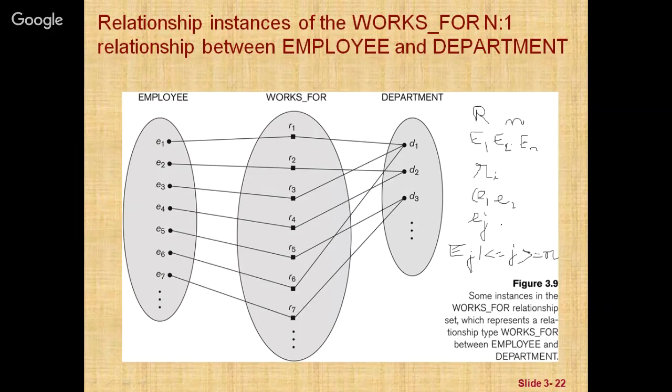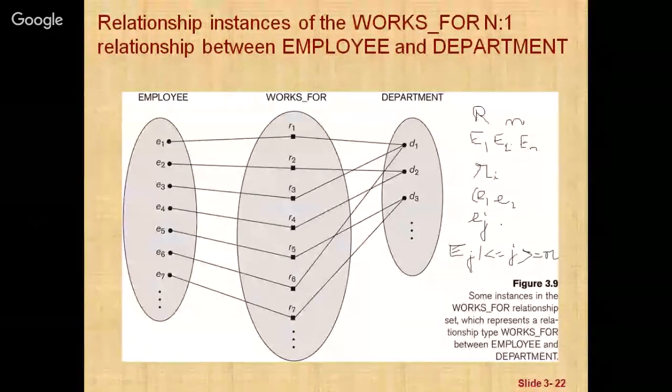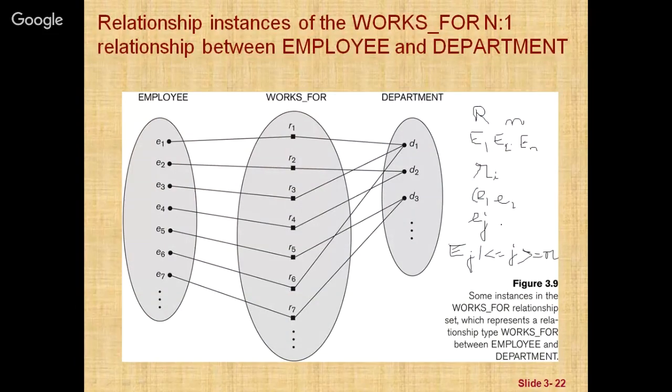So informally, each relationship instance small ri in capital R, that is the relationship type, is an association of entities where the association includes exactly one entity for each participating entity type. Now, consider an example of a relationship.